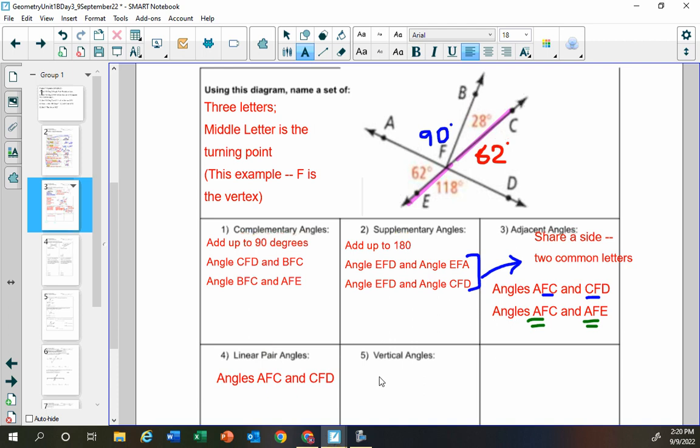That's all right. So, have your agenda ready? So AFE and CFD. So that's an example of verticals.